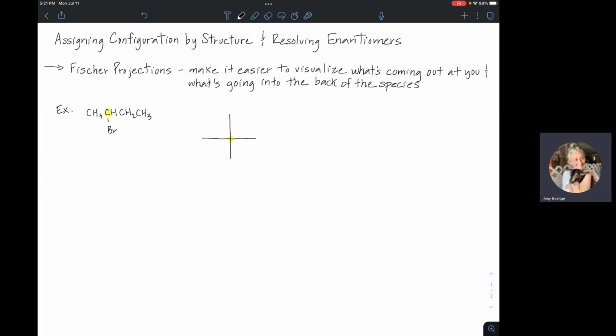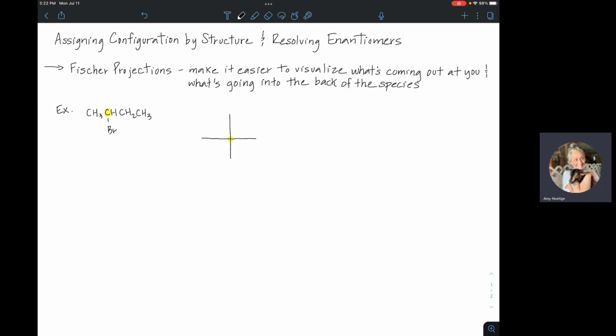So because we have some sort of a butane going on there, and we have a bromo group on one of the inner carbons, remember with nomenclature for alkanes that have just one substituent on it, we're going to give priority to that substituent because it's the only one there, by giving it the lower number, right? What that means is that bromo group's hanging off the second carbon.